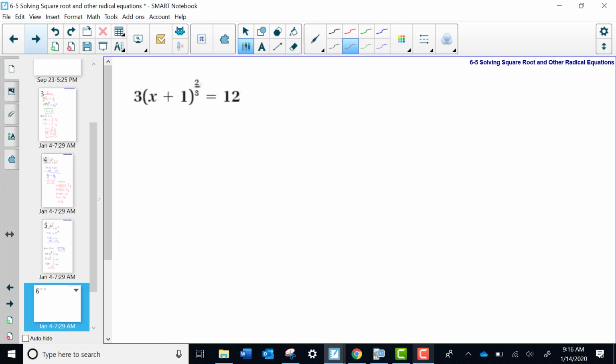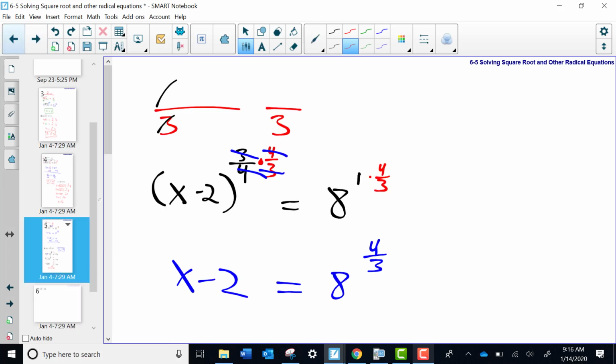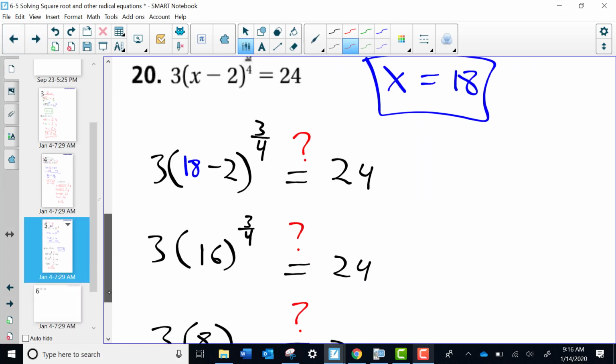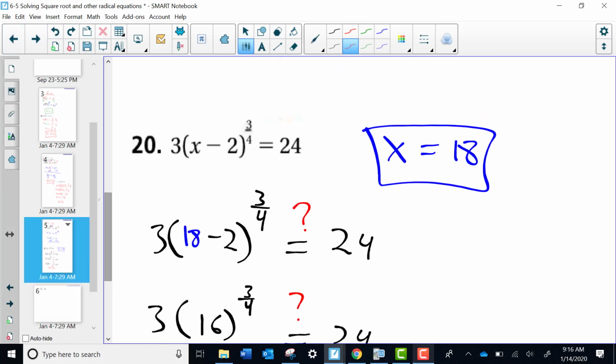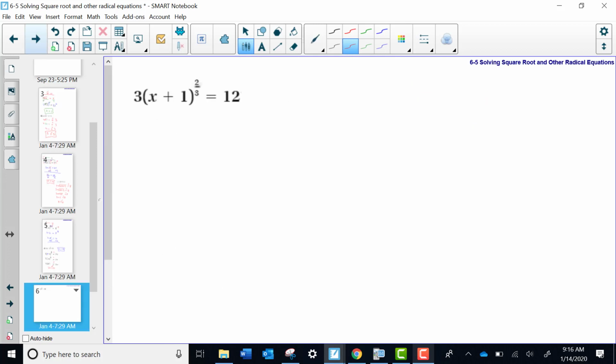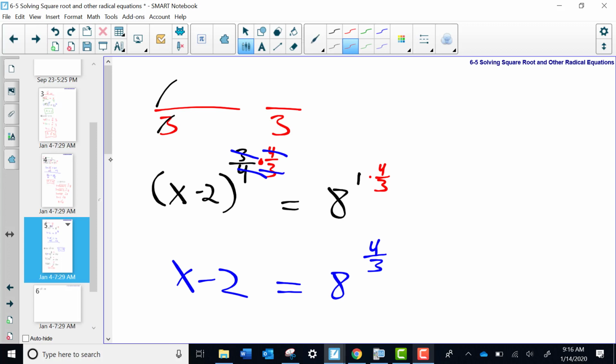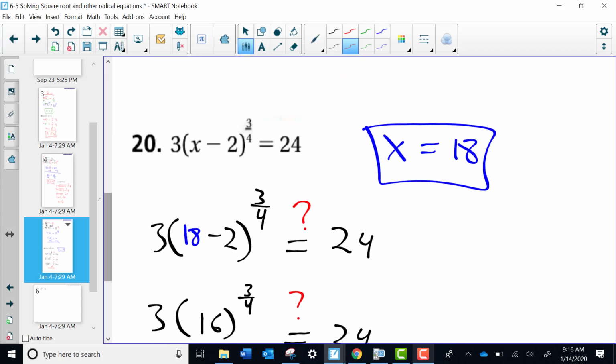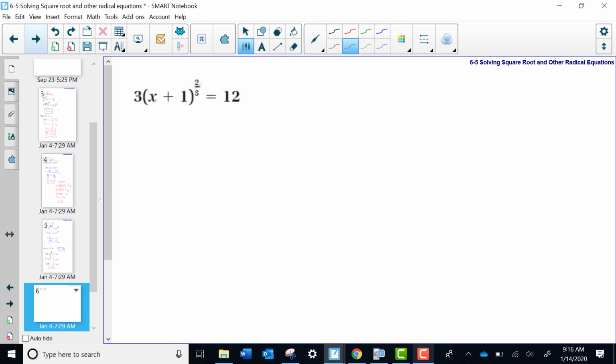When you have a rational exponent, in the first example the exponent was 3/4, and this exponent is 2/3. The numerator here is odd. The numerator is even here. So copy this down, please.